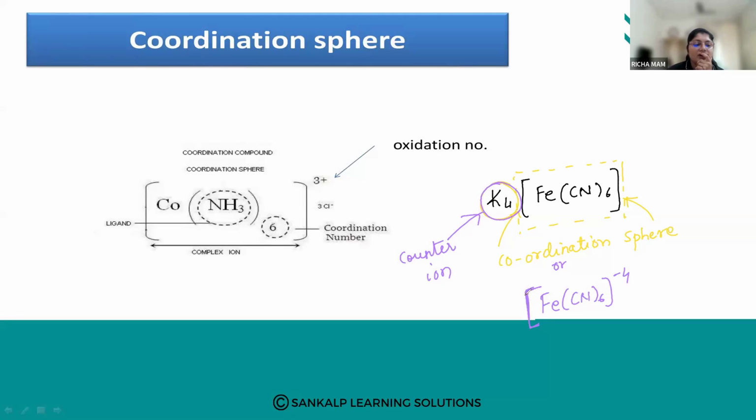So what you write outside the sphere are the ionizable groups, and inside the sphere are non-ionizable ligands. The ionizable groups written outside the sphere are called counter ions. Is it clear what the coordination sphere is, students?